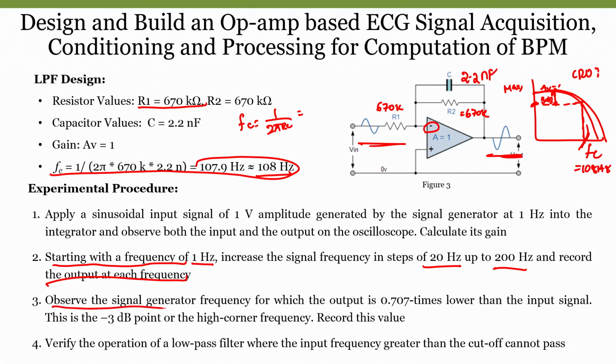We will observe the signal generator frequency for which the output is 0.707 times the input signal. That point is the 3 dB point, which we will consider as our cutoff frequency. To understand this much better, we will go to Multisim.